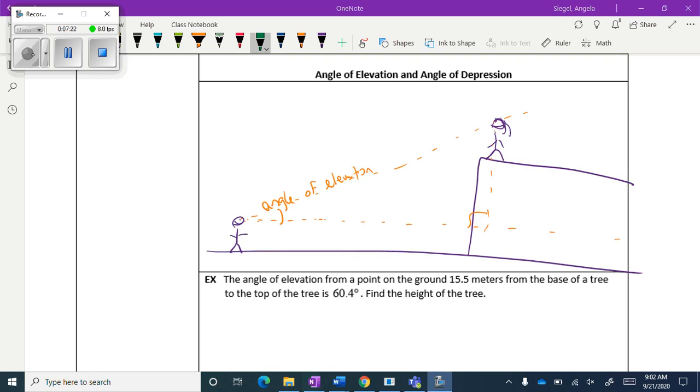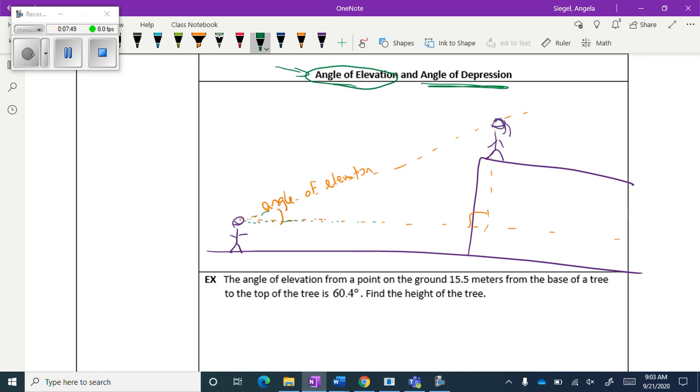Okay, so the first thing that I want to point out is we're going to have angle of elevation and depression problems. If I were you, I would look at every problem as an angle of elevation. It's a lot easier, so I want to focus on that right now, and then we're going to get to the angle of depression and what to do with that. So notice this person, if they were looking straight ahead, it would look like this, but they're having to look up at this person.